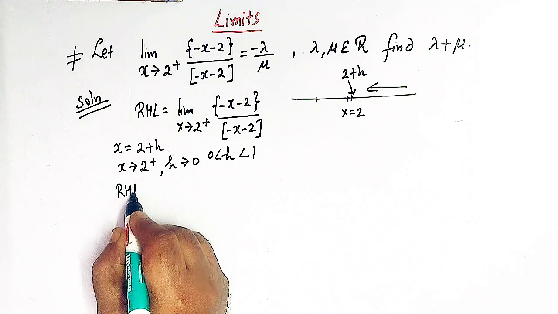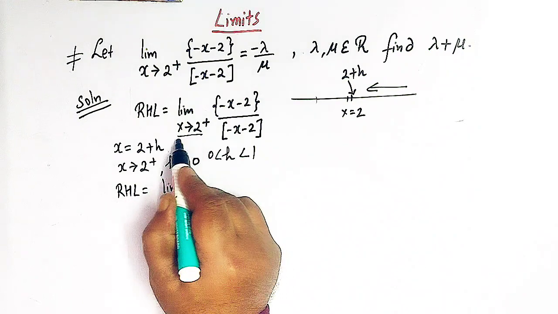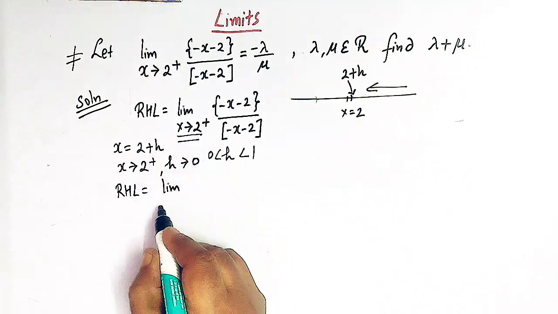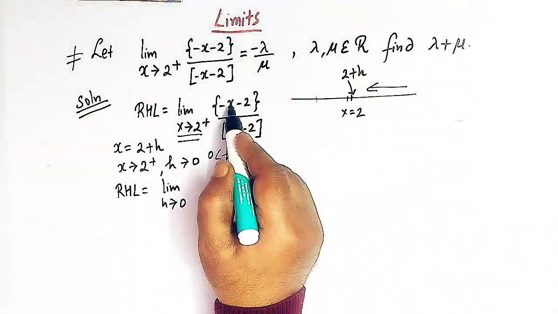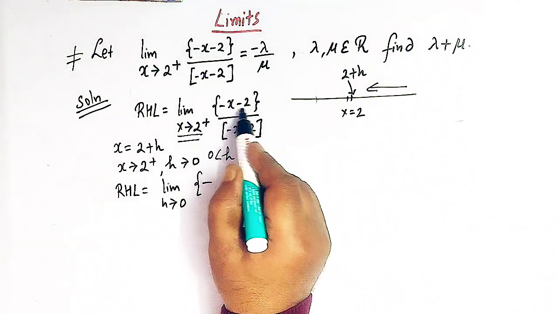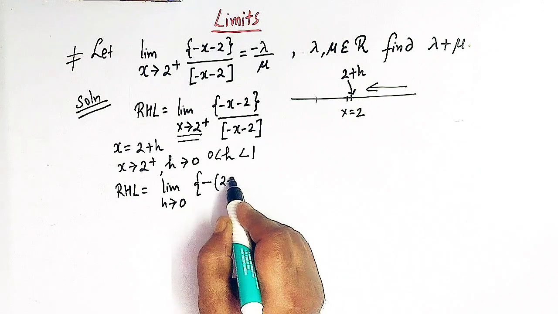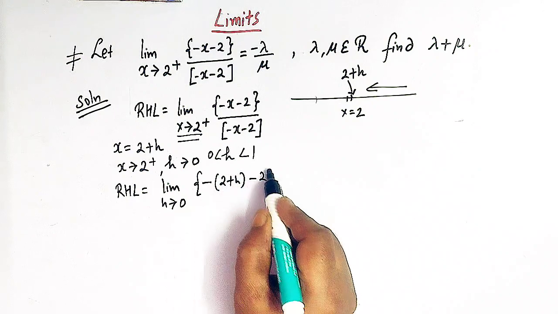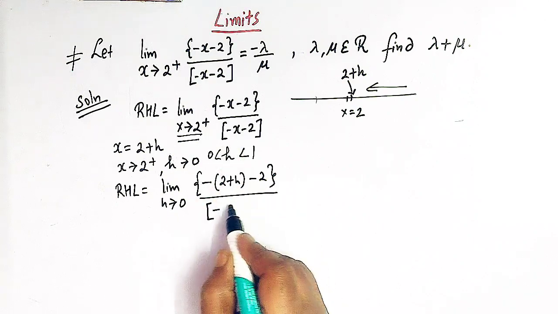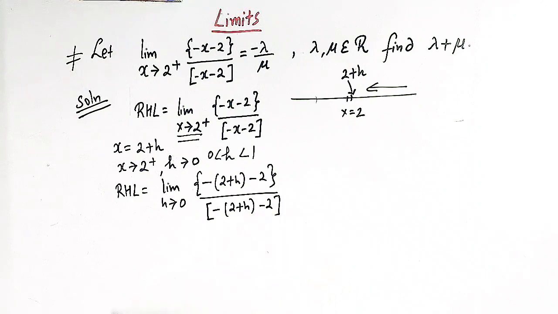So we have right hand limit is equal to limit. Now we can replace this x tends to 2 positive with h tends to 0, and here we have fractional part of minus x minus 2. So x can be replaced by 2 plus h, and then we have minus 2, and here in the denominator we have minus 2 plus h minus 2, right?